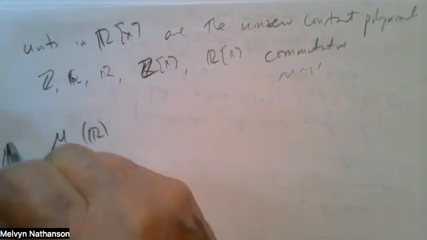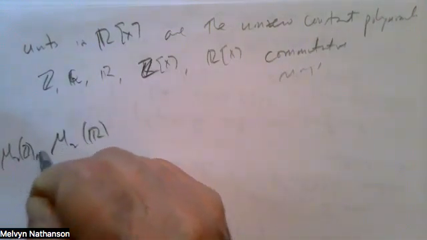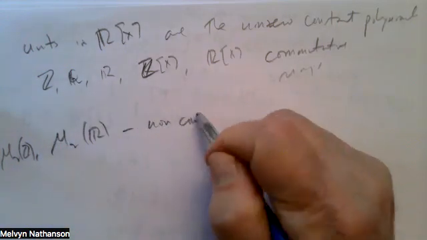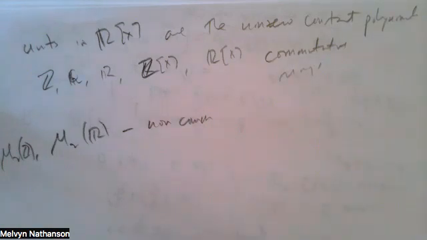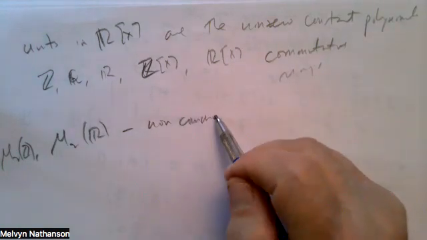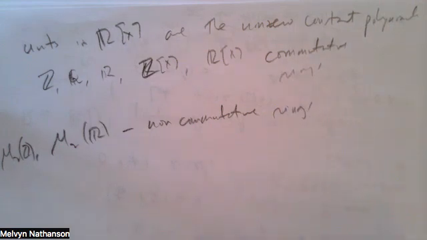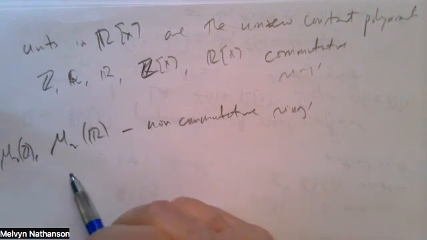M2 of R, M2 of Z. These are non-commutative rings. Because you've seen many times that when you multiply matrices, even 2x2 matrices, the order matters. X times Y is not necessarily equal to Y times X. So these are non-commutative rings.